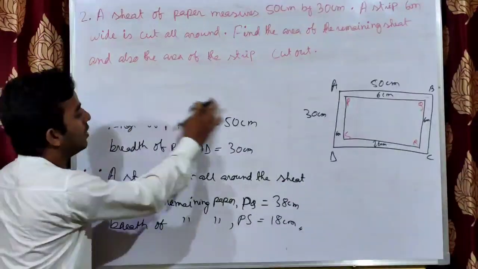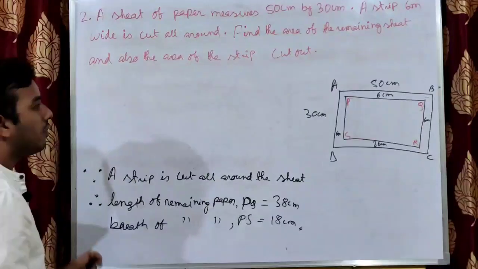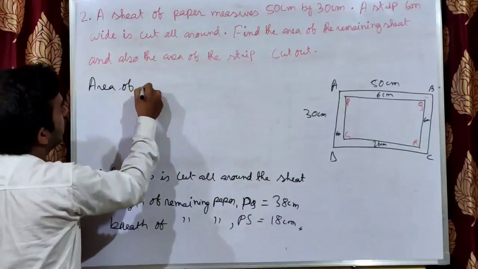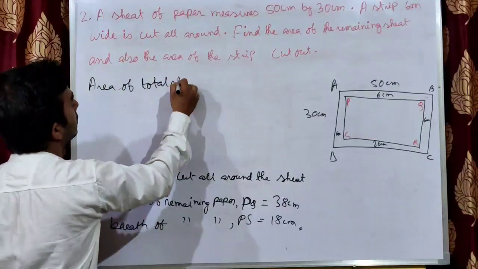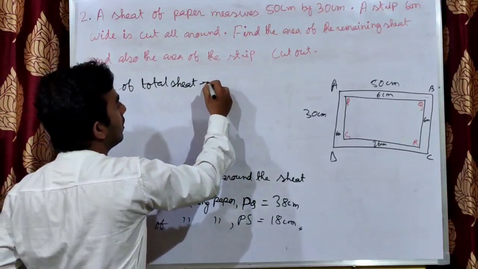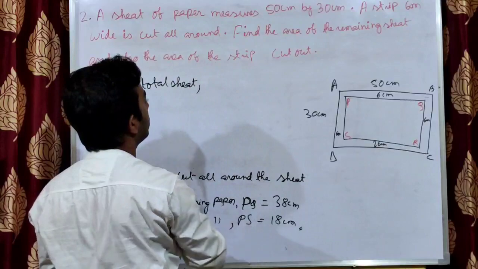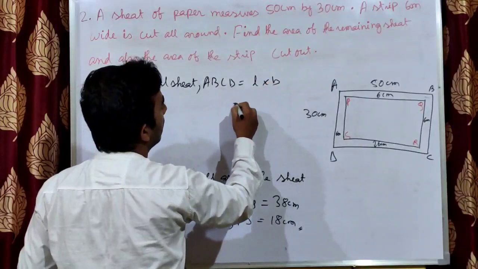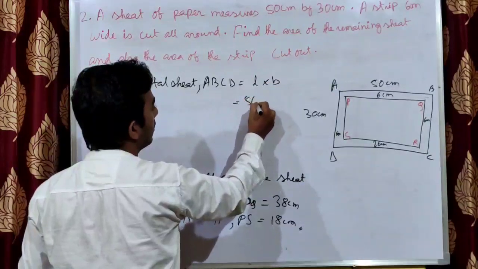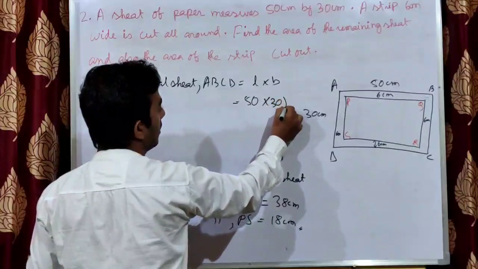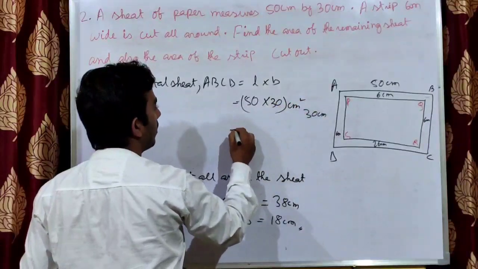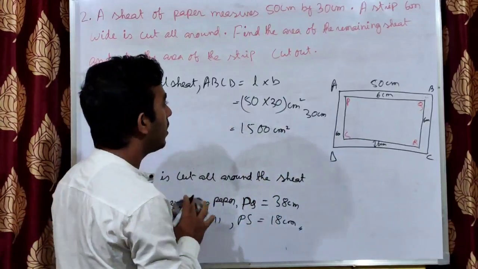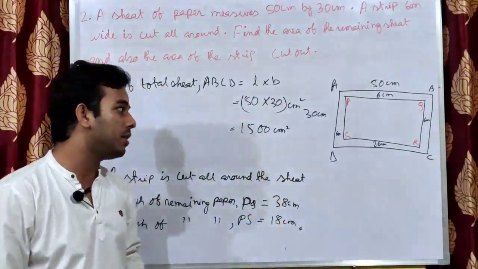So now area of the total sheet, that is ABCD, equals length into breadth, right? So length is 50 and breadth is 30 centimeter square. So it will be 1500 centimeter square. That means the area of the sheet is 1500 centimeter square.